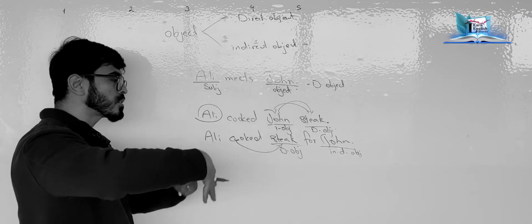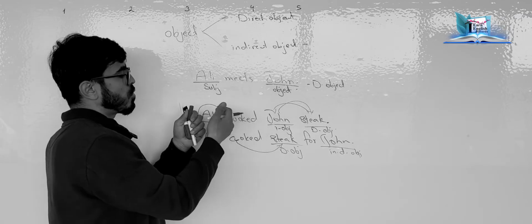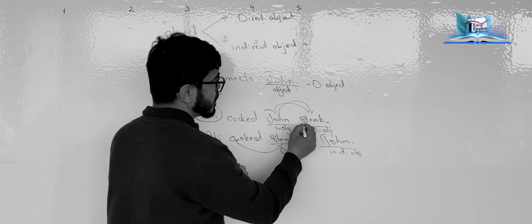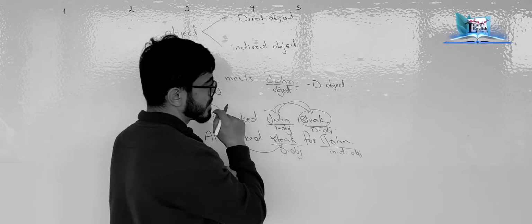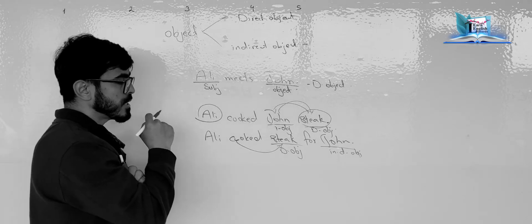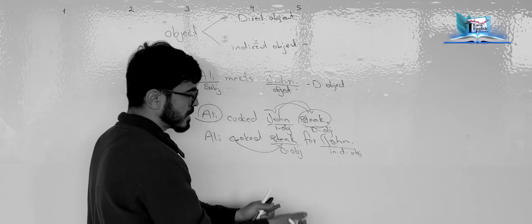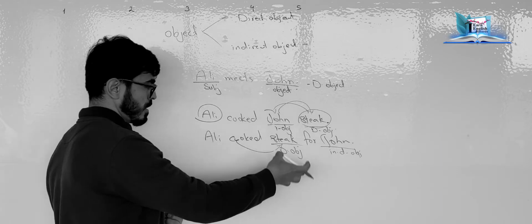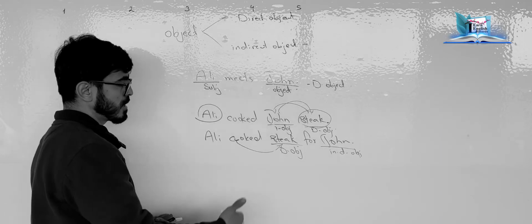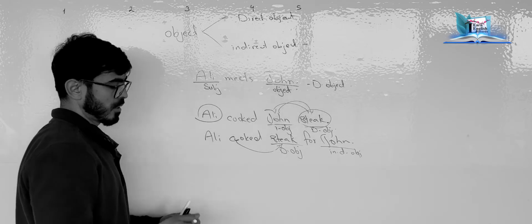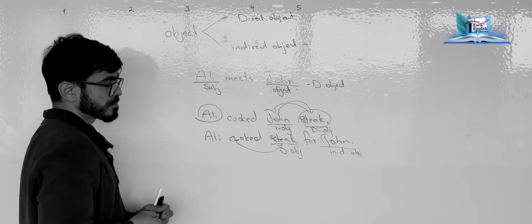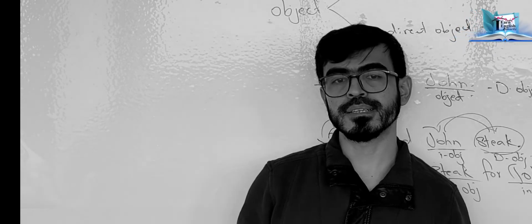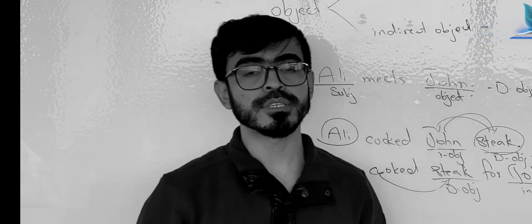Ali cooked steak for John, or Ali cooked John a steak. A good one, right? So in this sentence, this is the direct object, and in the second sentence, John is the indirect object, and here the direct object came first, and here the indirect object comes first. Okay, so this is the lesson about direct and indirect object.